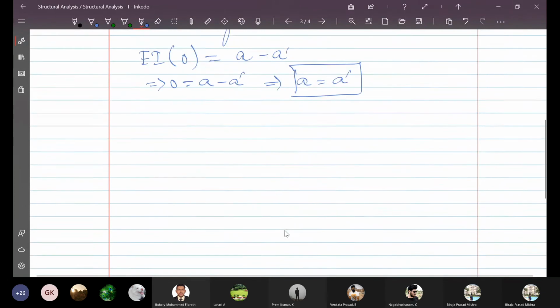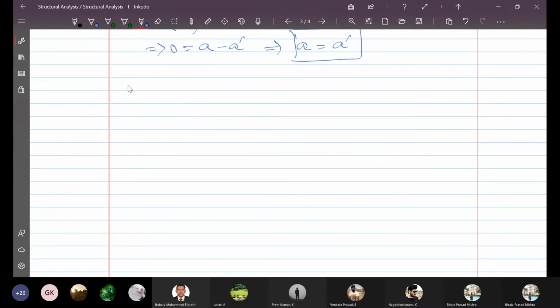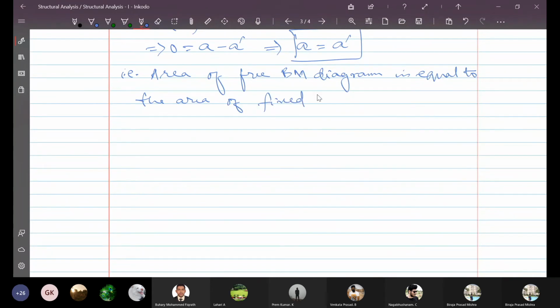Okay, so that inference we can write it here, that is, the area of the free bending moment diagram is equal to the area of the fixed bending moment diagram.